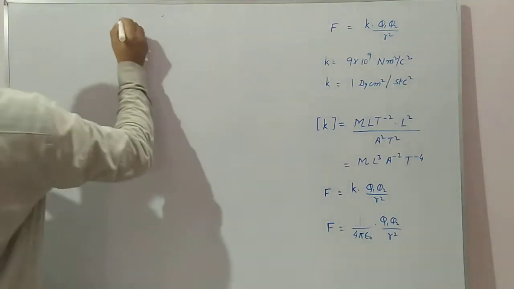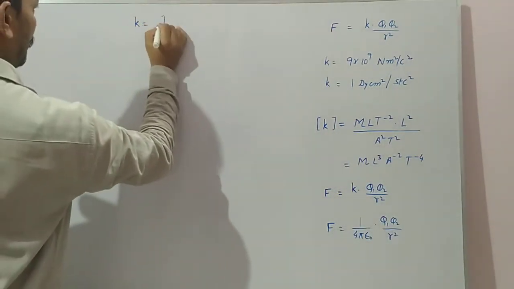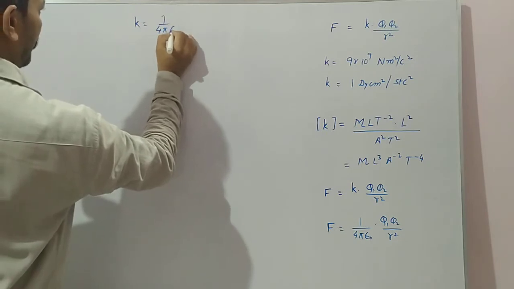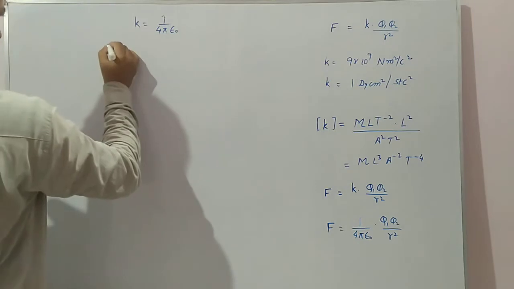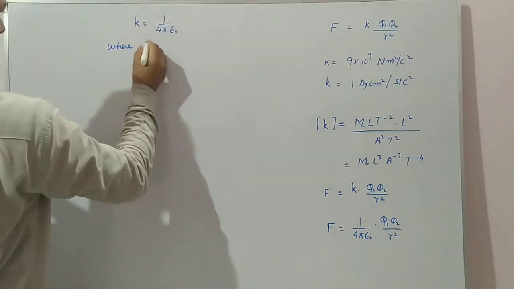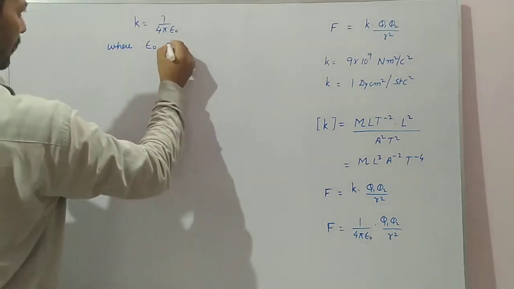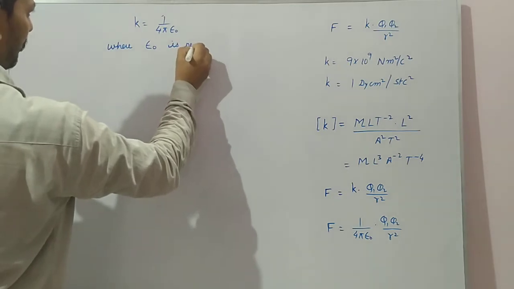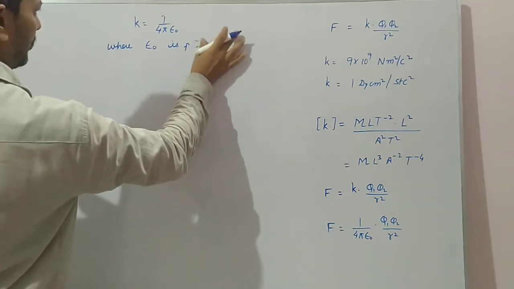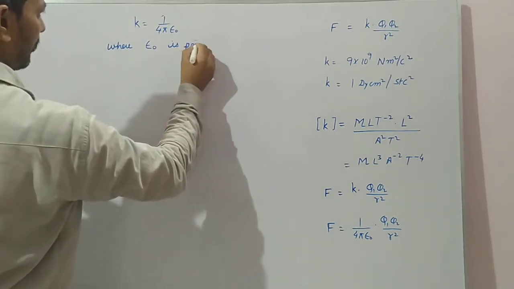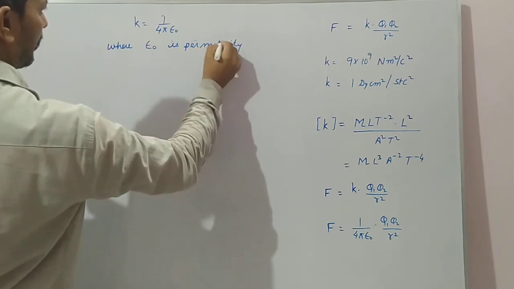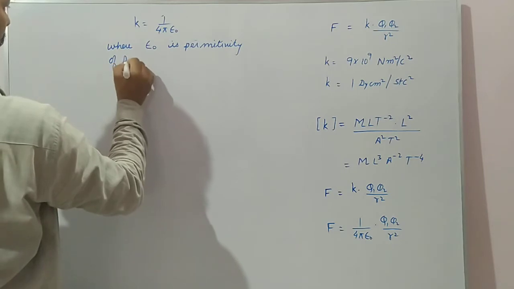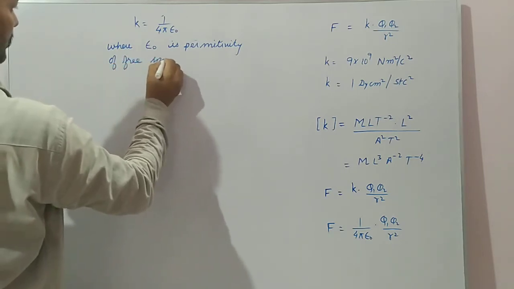That is, the value of K is 1 by 4 pi epsilon naught, okay, where epsilon naught is permittivity of free space.